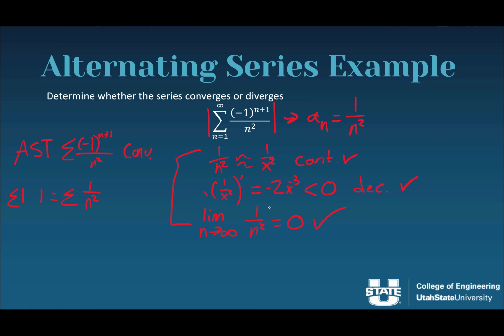And then to prove that this series is convergent, I'm just going to use the p-test. Because p is greater than 1, by the p-test the sum of 1 over n squared converges, which means that my series is absolutely convergent.